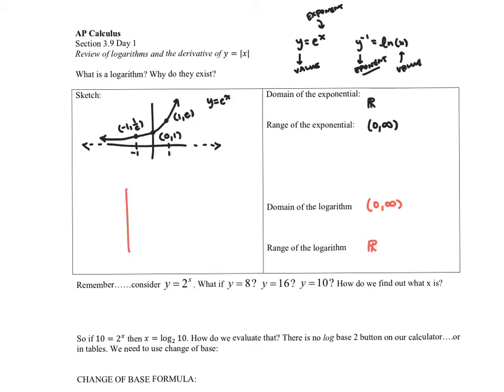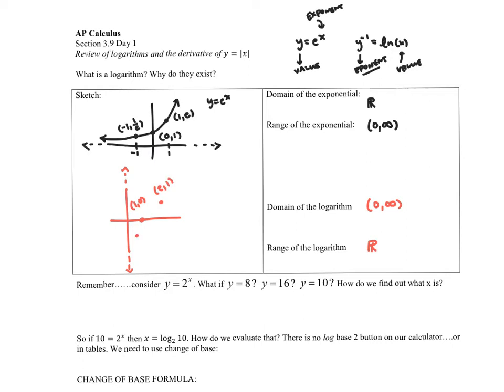So when I consider the logarithm, it's going to have a vertical asymptote at x equals 0. It's going to go through the point (1, 0). And (e, 1).